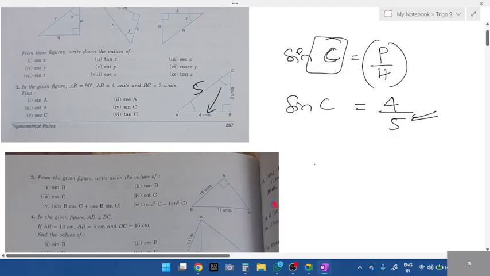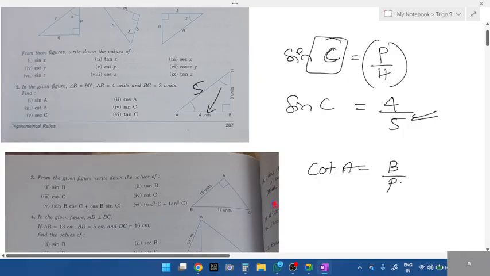Okay, now tell me one value. Cot, third question. What is cot A? First, the formula. Check the formulas. No, no, no. Check what you have written. Base by perpendicular, right? What is base by perpendicular?